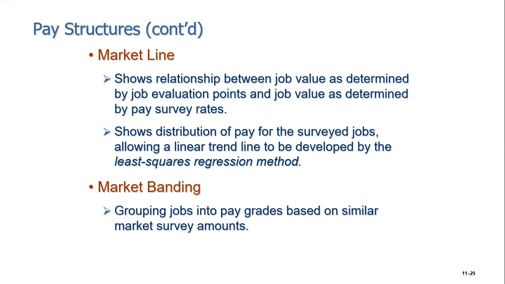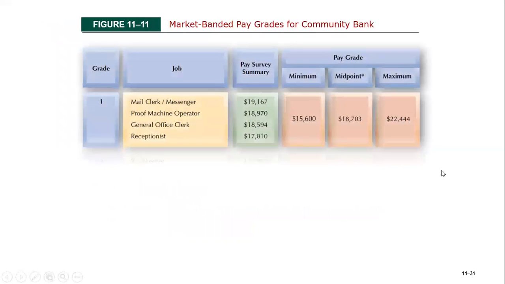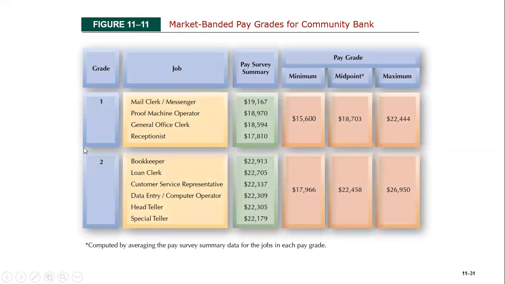These are different jobs, but they all come under the same grade. Here you see the grade 1 and grade 2 jobs and the salary pay survey data, and these are the pay grades determined for our organization.